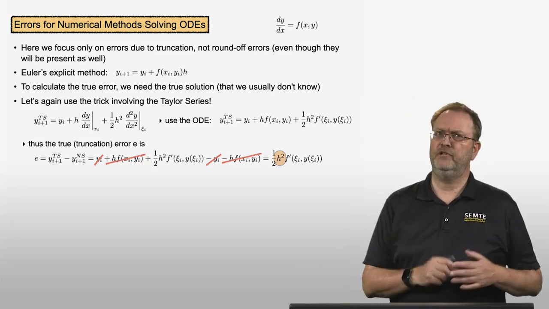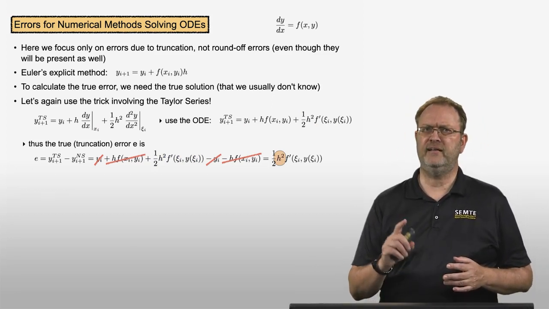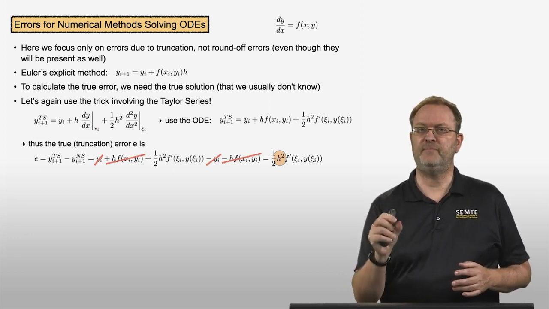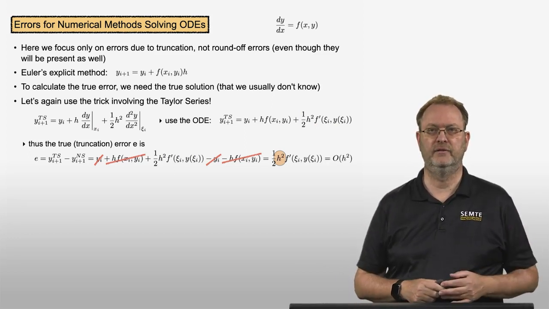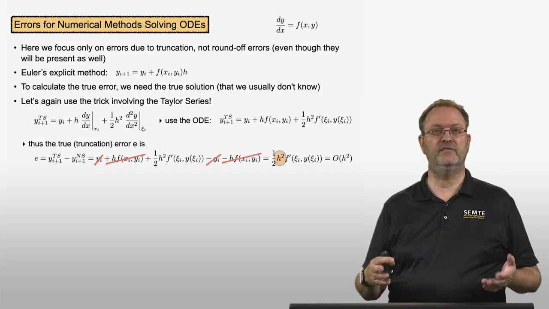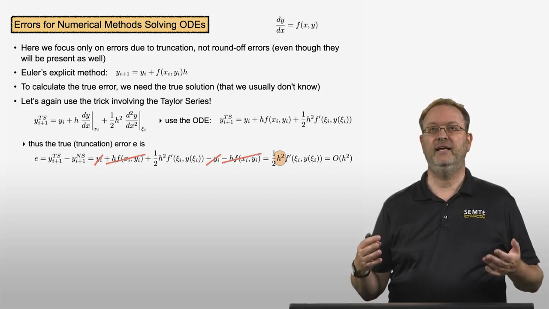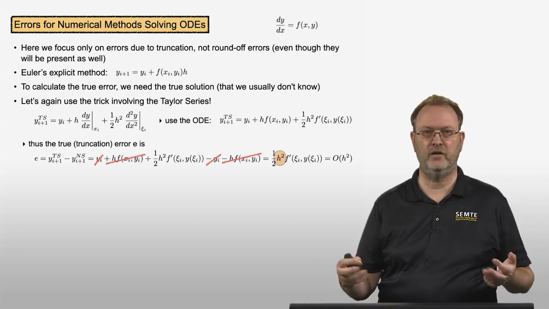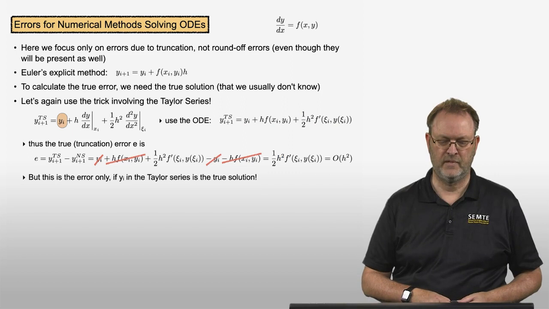Now, what is important about this? Well, the important thing is that this error is proportional to the step size squared, which means that this truncation error is order h squared. It's a second order truncation error.